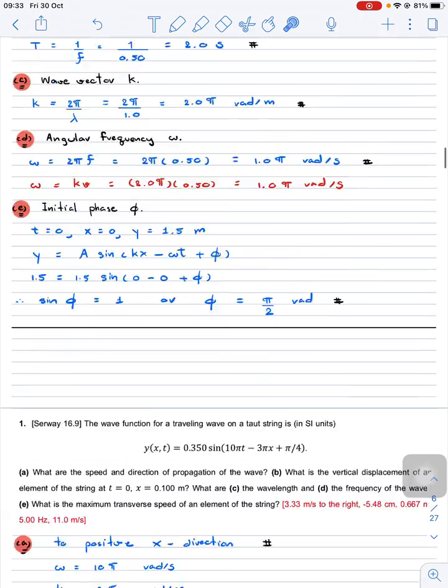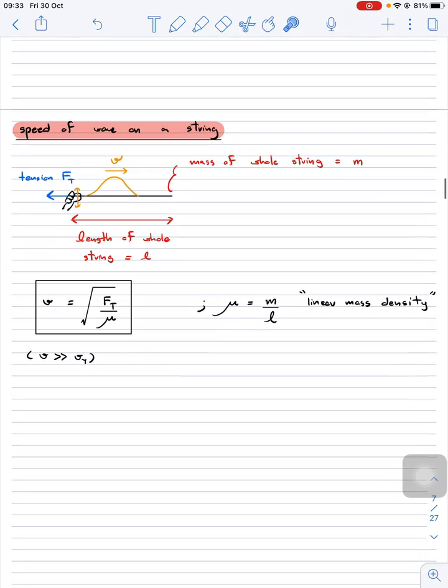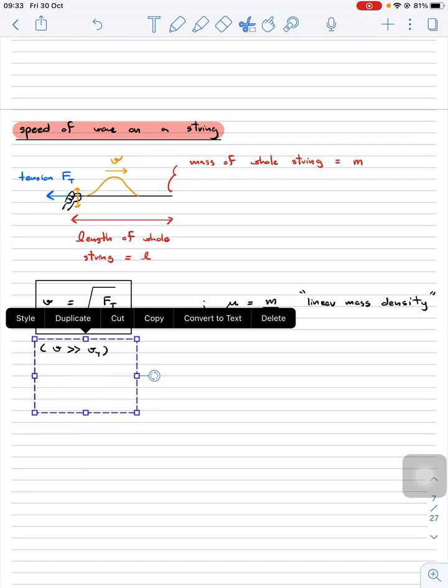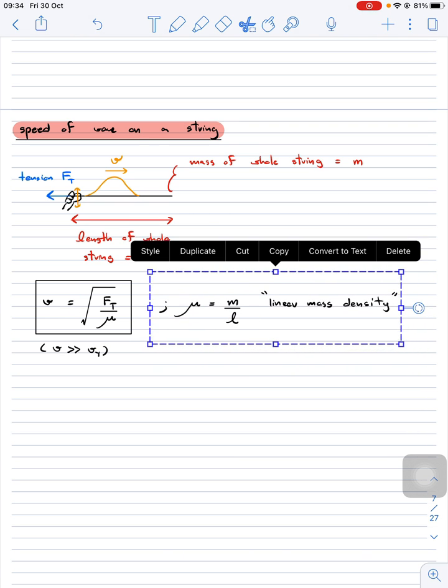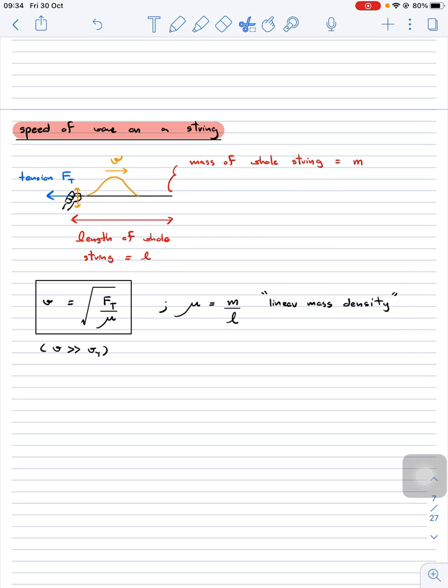But v is the speed of the wave that's traveling to the right hand side. So this equation works if and only if v is much greater than vy. It means that if we know the tension on the string and the linear mass density of the string, we can use this equation to find the speed of the wave on the string as well.